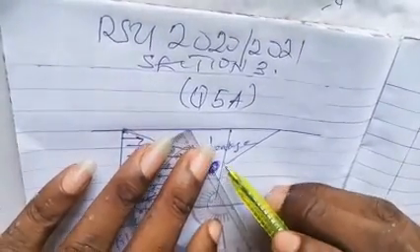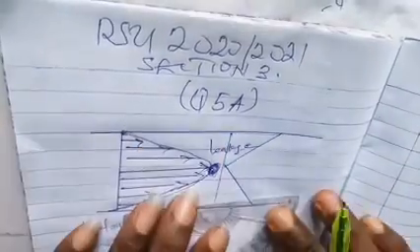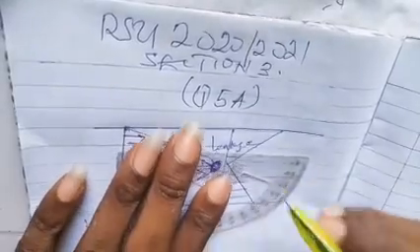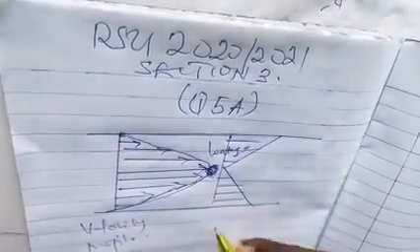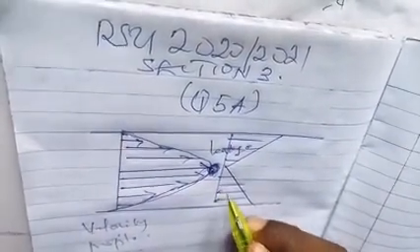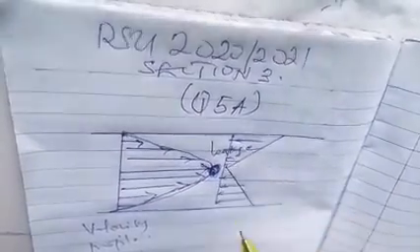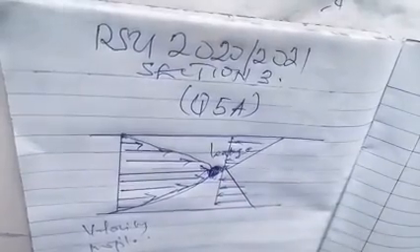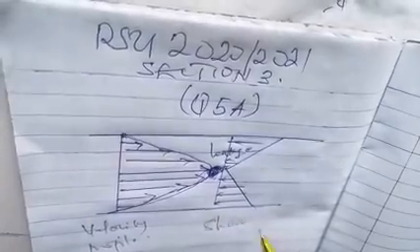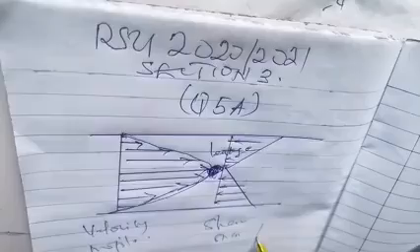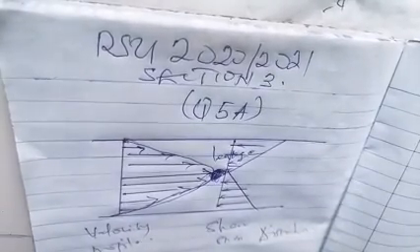So this is the diagram for the shear stress. This is the point of leakage, and you have the maximum shear stress there. So this is the shear stress distribution. All right, so that is it for that particular question.